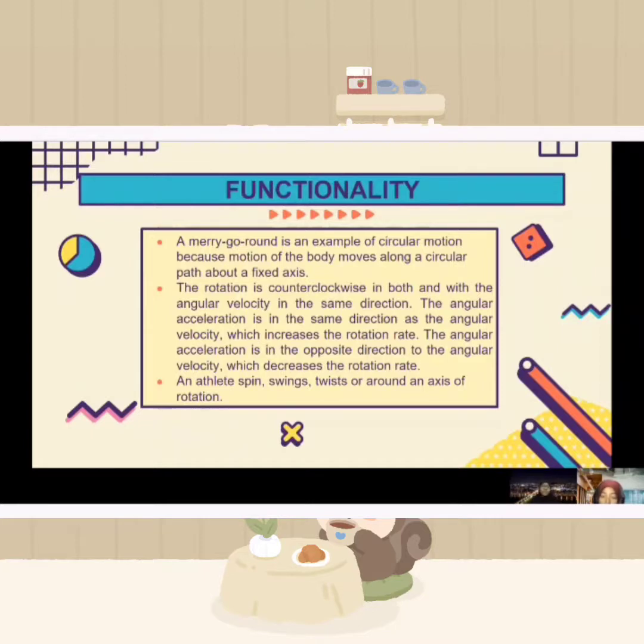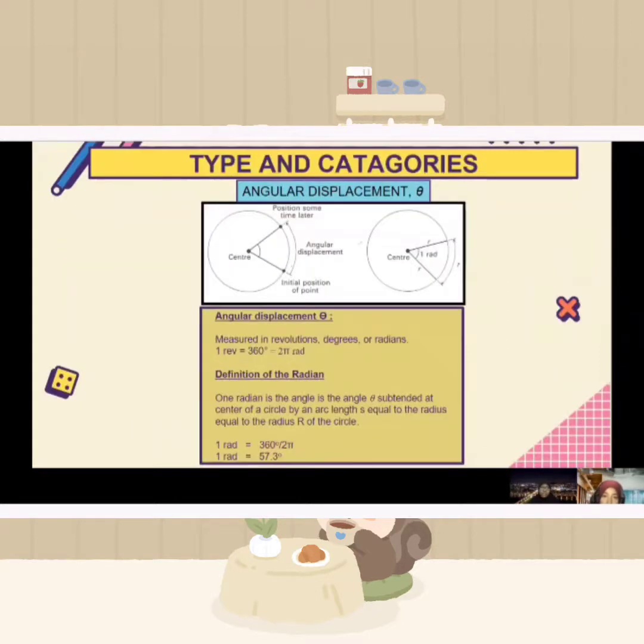Next slide, types and categories. There are three types. First, angular displacement. Angular displacement is measured in revolution, degree or radian. One revolution equals 360 degrees, equal to 2 pi radians.